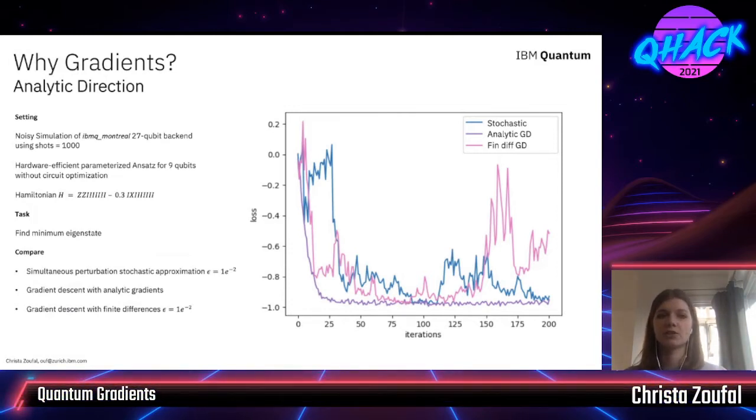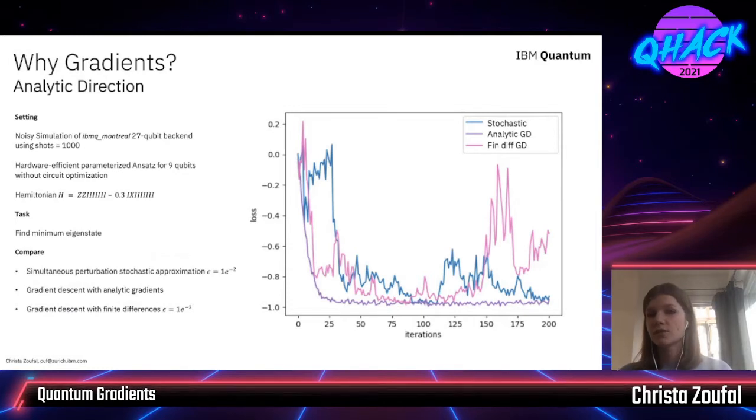And the perturbation that was chosen here is set to e to the minus 2. Then the violet line is given by a gradient descent method that employs analytic gradients. And the third method is a gradient descent that uses a finite difference approach to gradients, where the perturbation is also set to e to the minus 2.